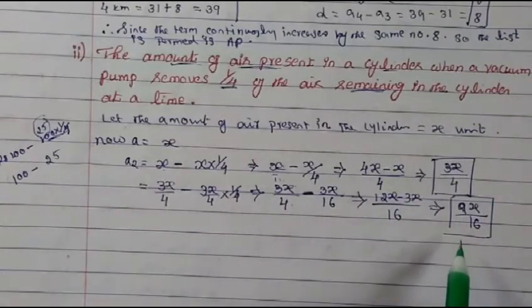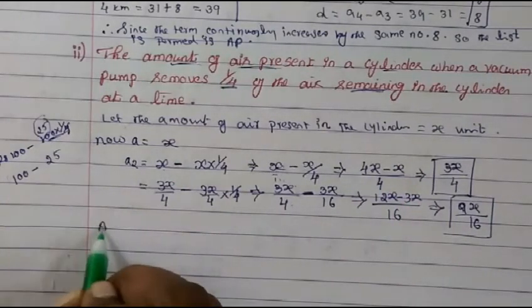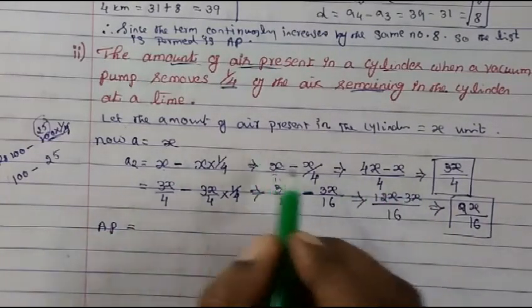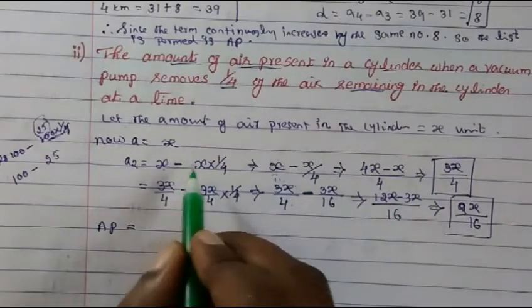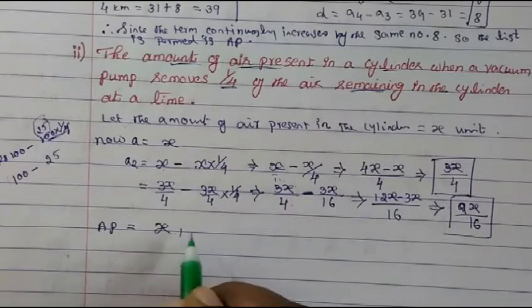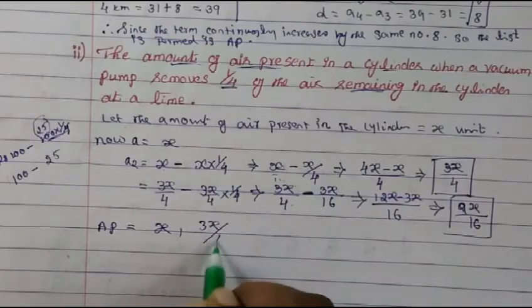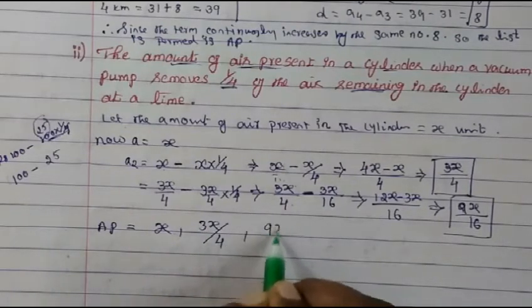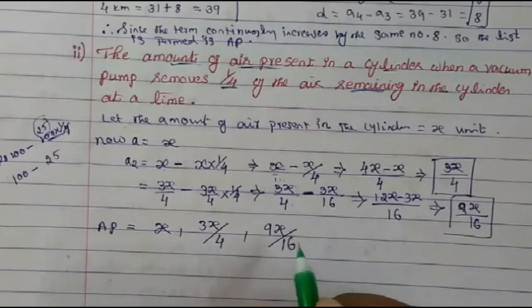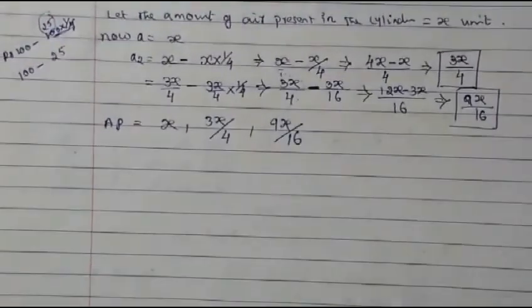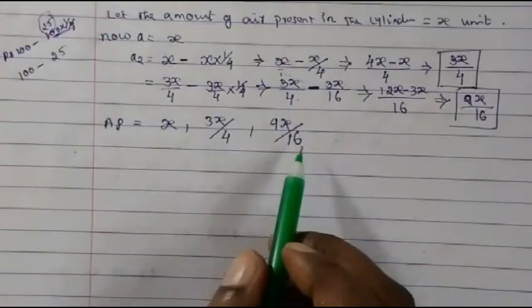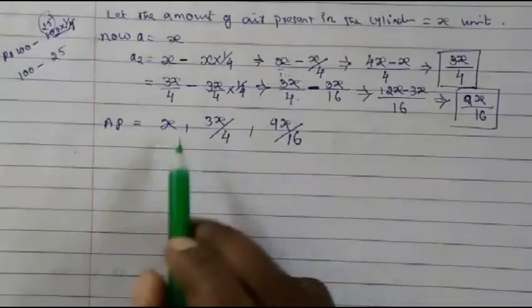So what is the AP we have got? The series of numbers that we found: first we had x, next we had 3x upon 4, then we had 9x upon 16. Now we have to check whether it is an AP or not. To check, what do we have to find out?